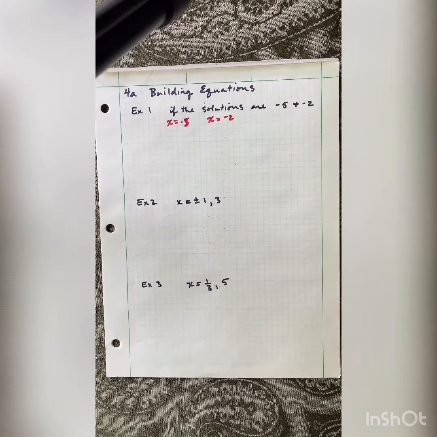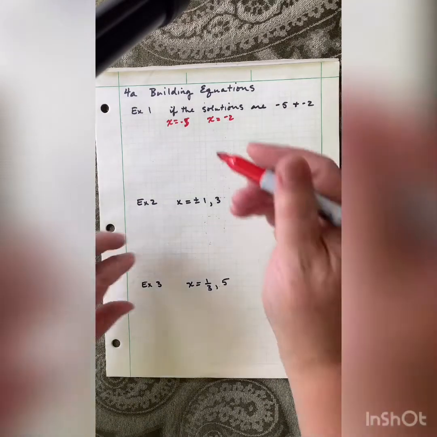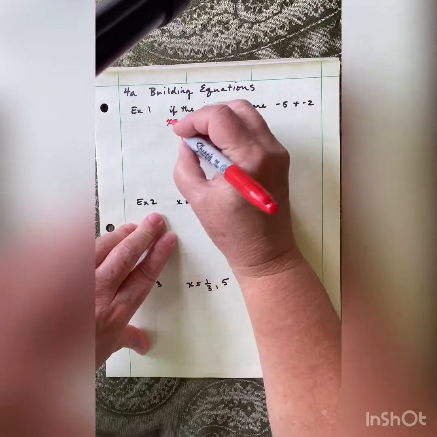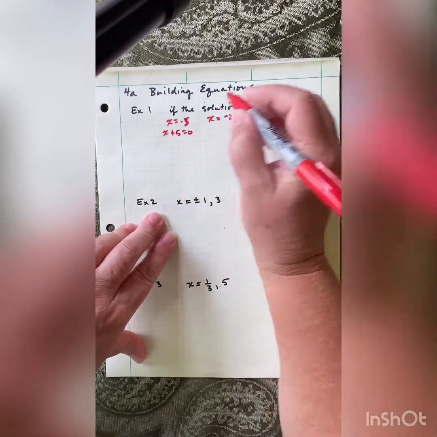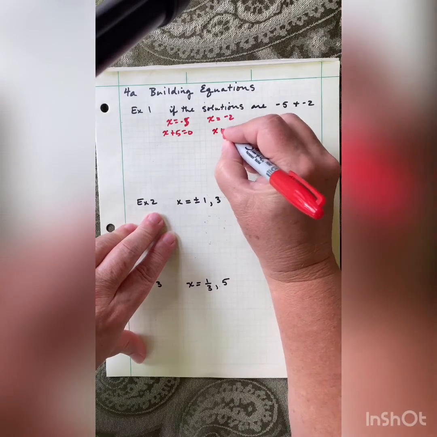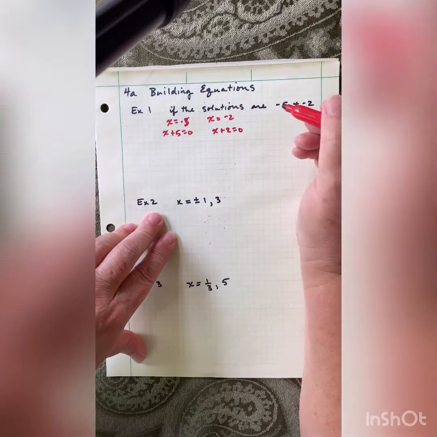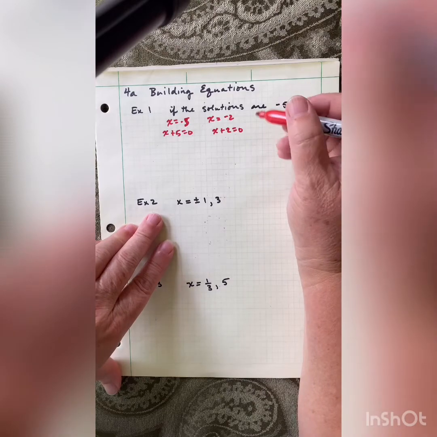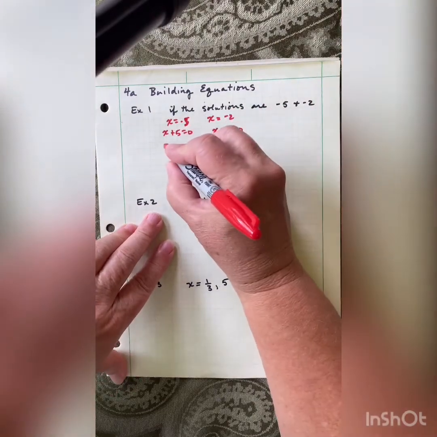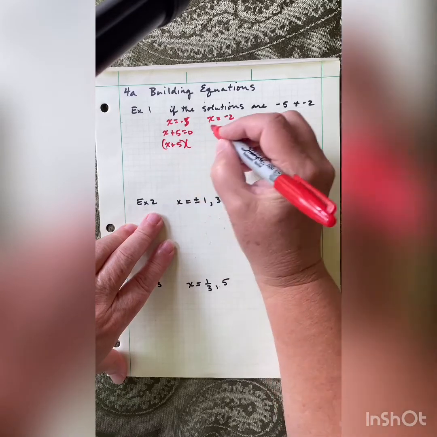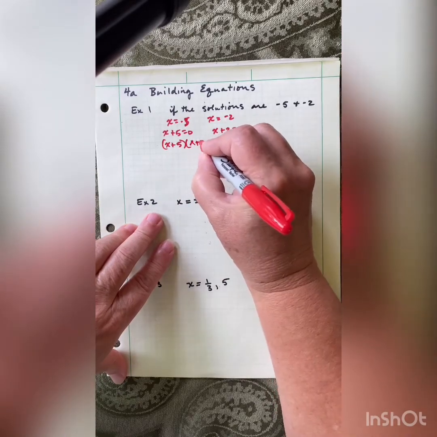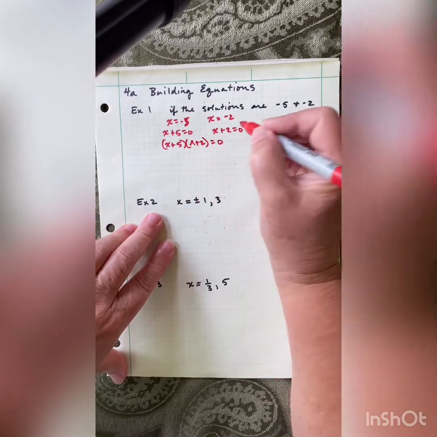So we can move this over and say, okay, x plus 5 equals 0 and x plus 2 equals 0. Now using that zero factor property backwards, we can go, okay, that's x plus 5 times x plus 2 equals 0.